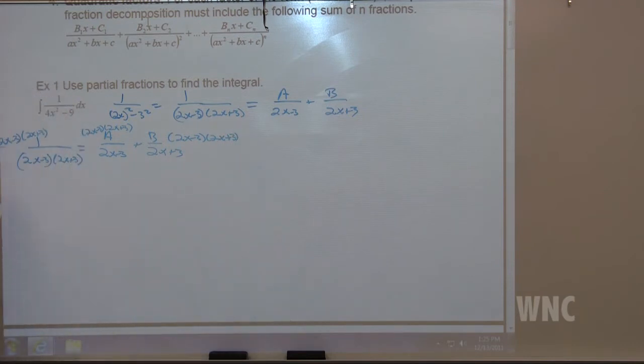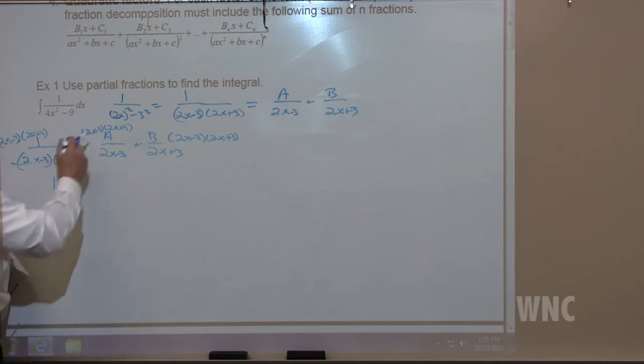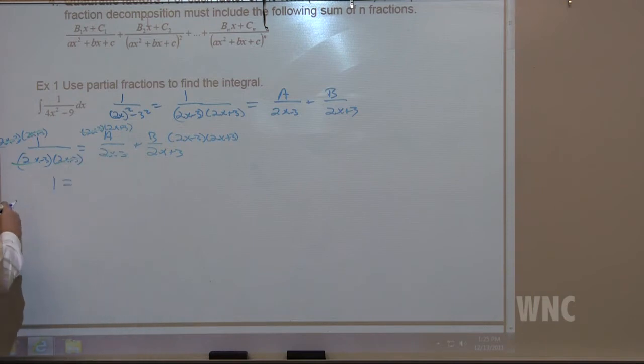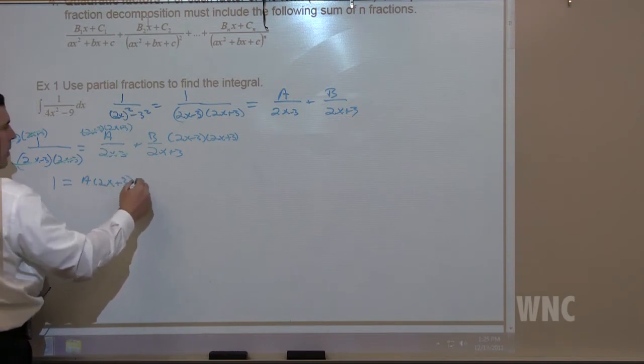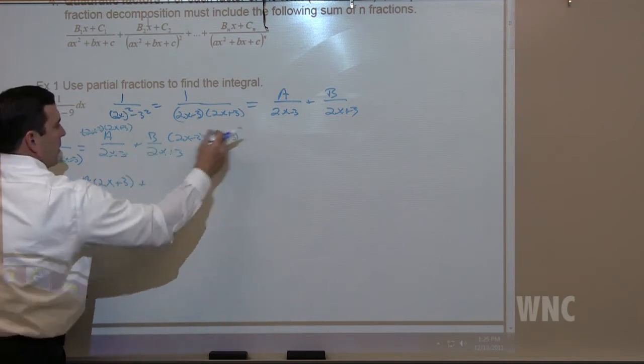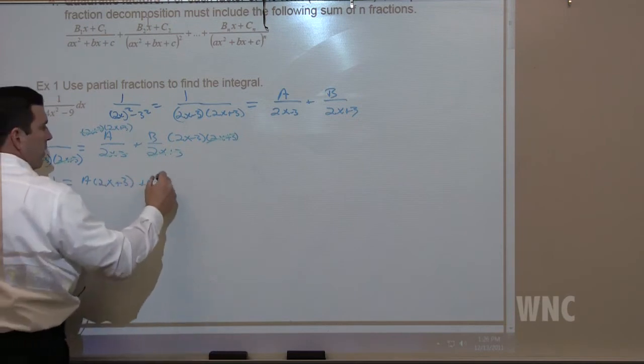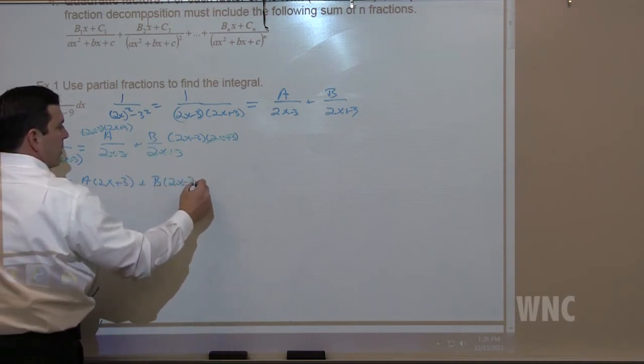So on the left side, these just divide out. You're going to have 1 equals. On the right side, this divides out, and you'll have an A times (2x plus 3) plus B times (2x minus 3).